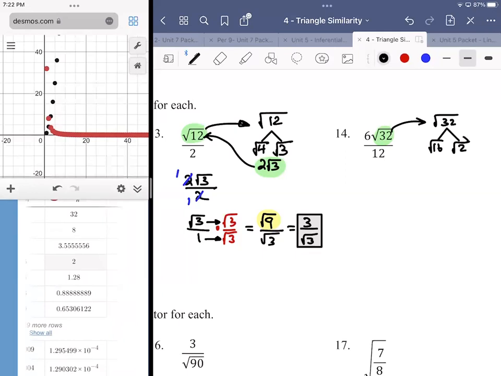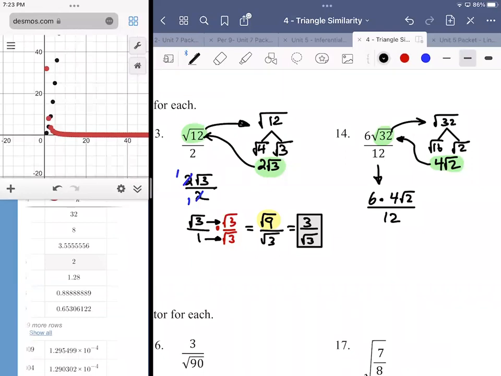So that's how I know that this is a radical 2. All right. So the square root of 16 is 4 rad 2. So I would be replacing the rad 32 with a 4 rad 2. So I have 6 times the 4 rad 2 over 12.